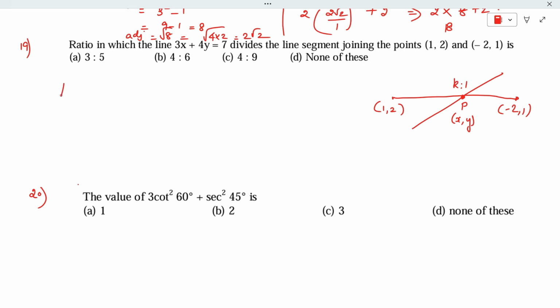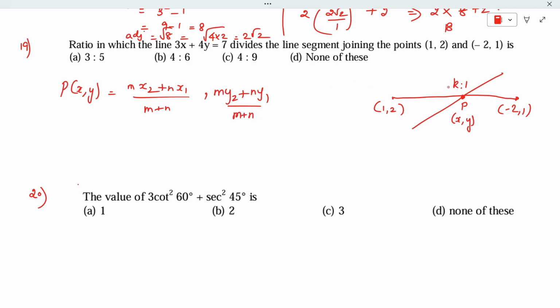How can I find the coordinates? I know the point (x, y) for internal division is equal to (mx2 plus nx1) by (m plus n), and similarly (my2 plus ny1) by (m plus n).